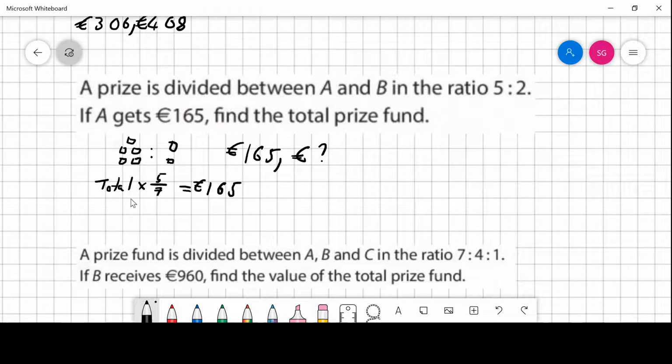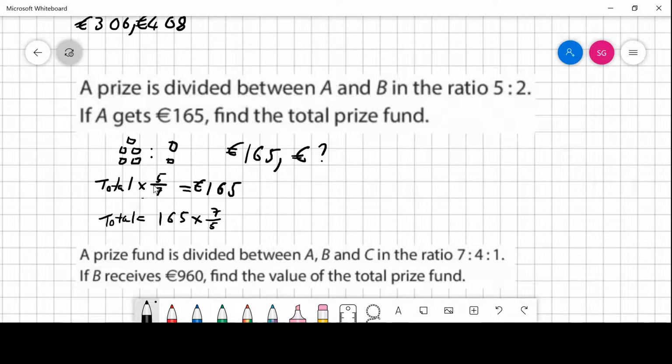You could call that X, you could call that Y. I'm just going to write down total for now, just because we're not dealing with too many of these. Now, following that, what are we going to do? Well, if the total multiplied by 5 over 7 equals 165, then we know the total is going to equal 165 multiplied by 7 over 5.